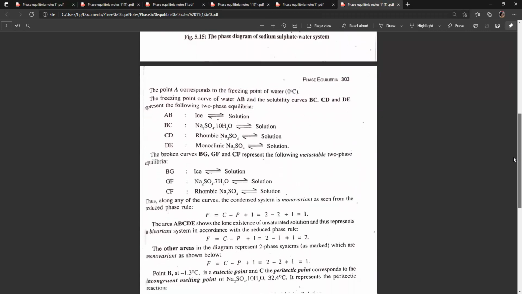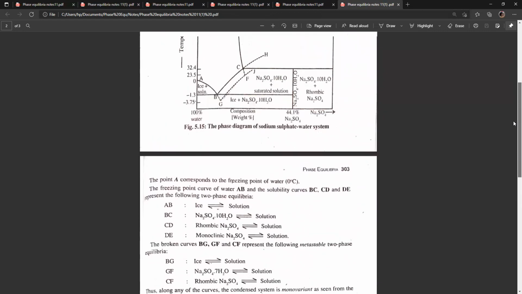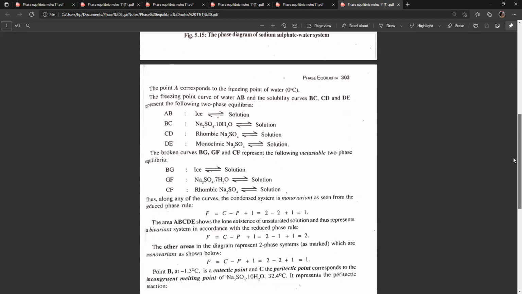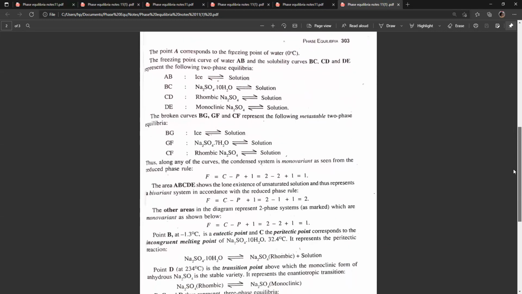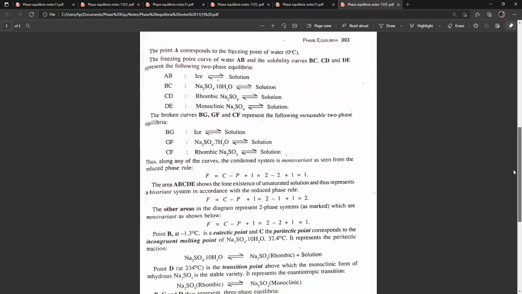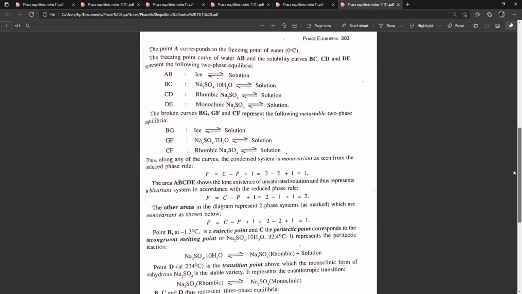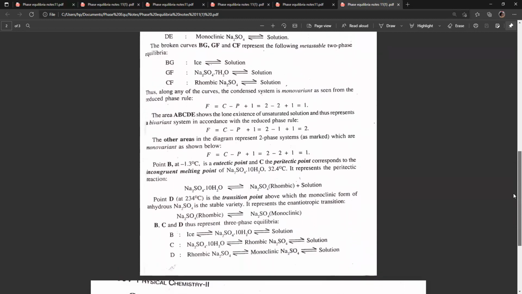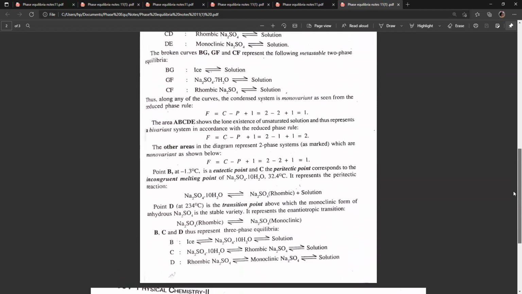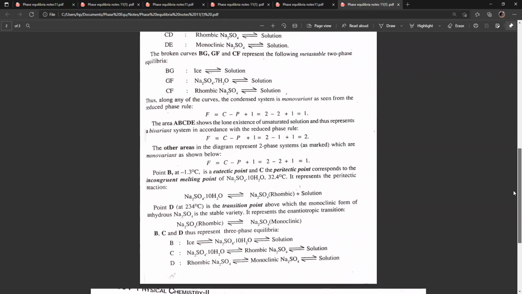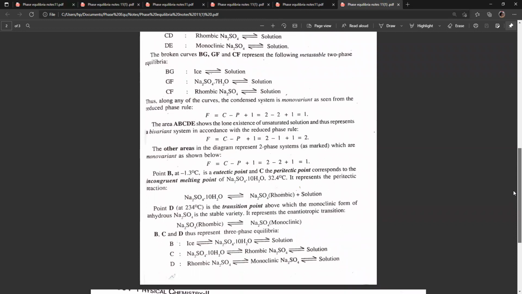Now the points. Point B is the eutectic point, and here the phases in equilibrium are ice as one phase, Na2SO4·10H2O as another phase, and the solution.